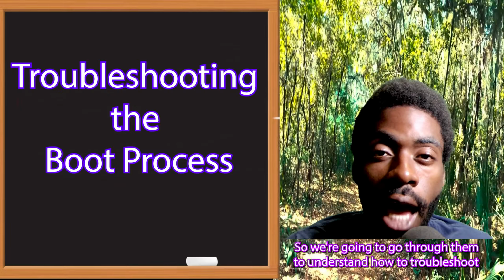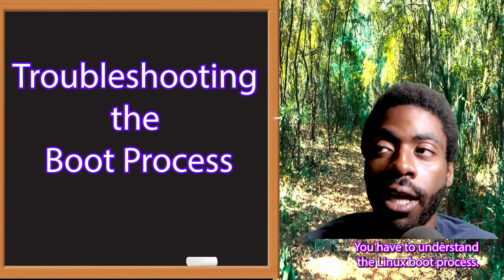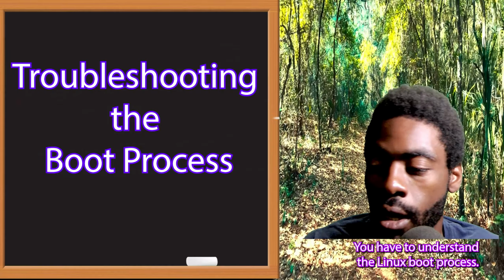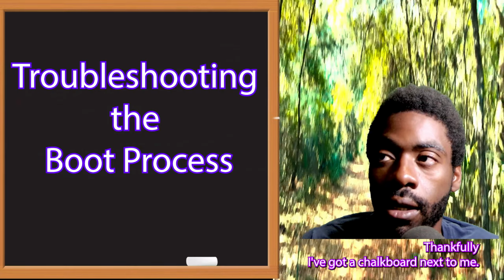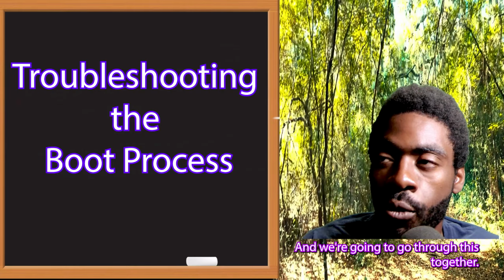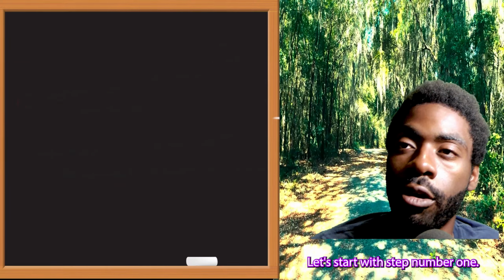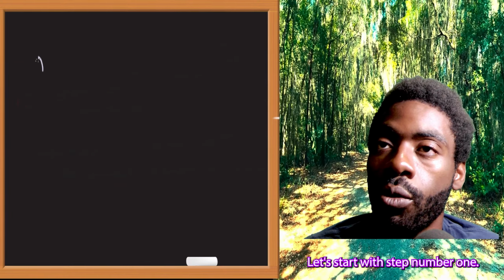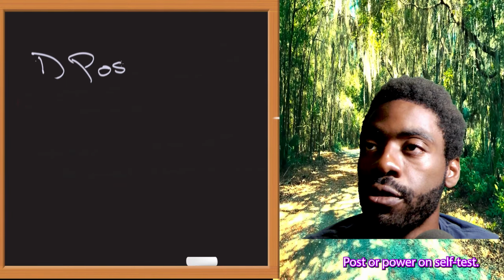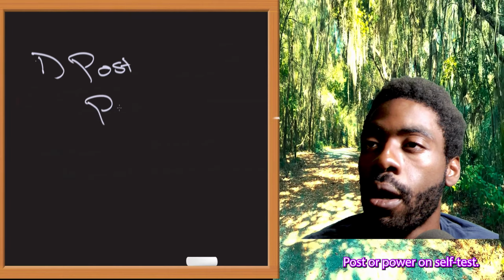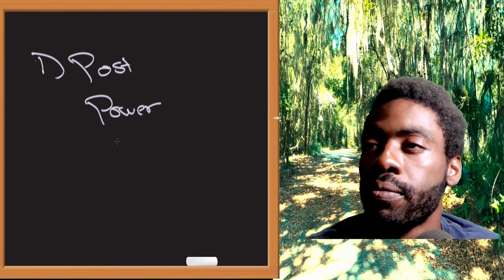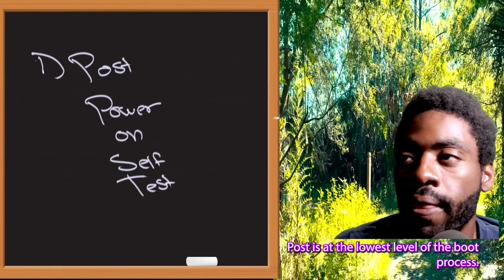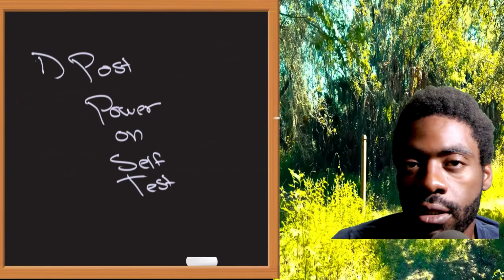To understand how to troubleshoot boot issues, you have to understand the Linux boot process. Thankfully, I've got a chalkboard next to me, and we're going to go through this together. Let's start with step number 1, POST, or power on self-test. POST is at the lowest level of the boot process.